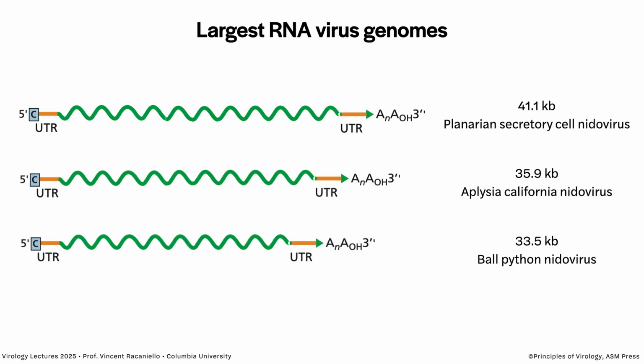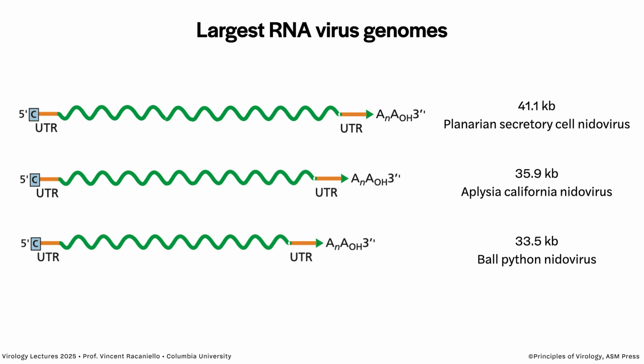How about RNA? So these don't even come close. The biggest ones are, well, these are all nidoviruses. Nidovirus is the order of viruses that contains the coronaviruses. And so there are 3 viruses with 41, 35, and 33 kilobases of single-stranded RNA that infect planaria and aplysia and pythons.